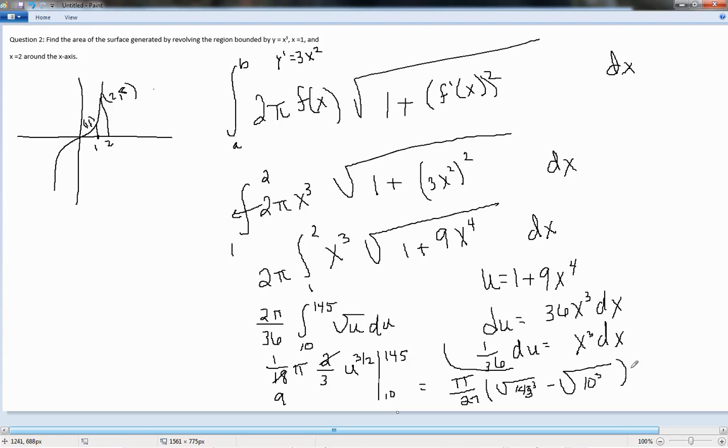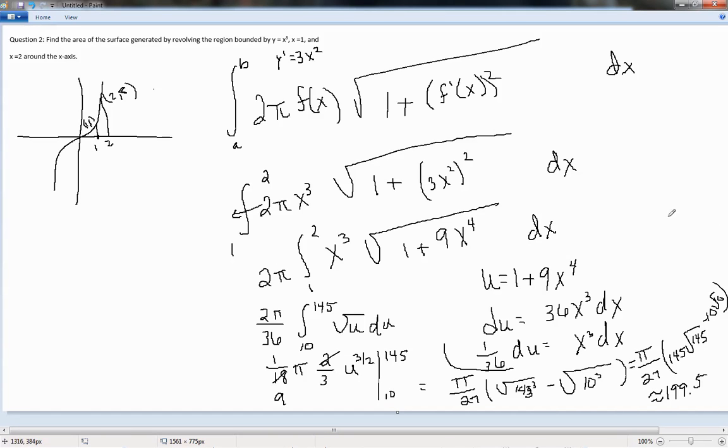Now, with square roots, you can pull out squares, so our most exact answer here would be pi over 27, 145 times the square root of 145, minus 10 times the square root of 10. And if you put this in your calculator, you get something like 199.5.